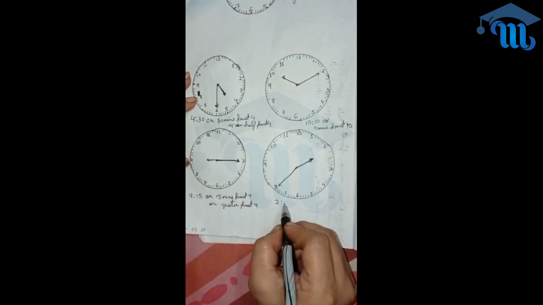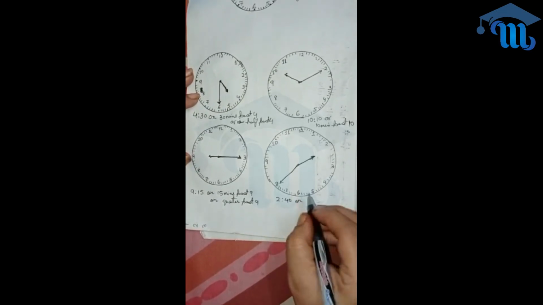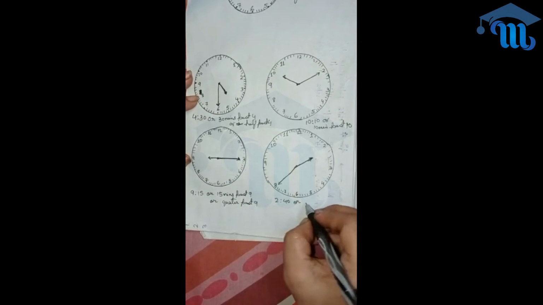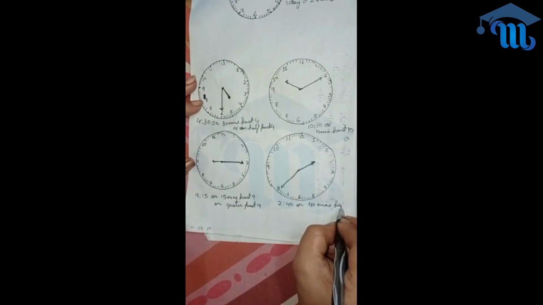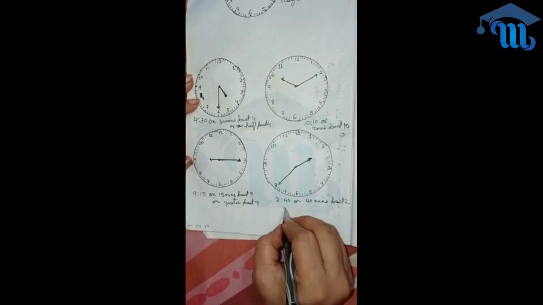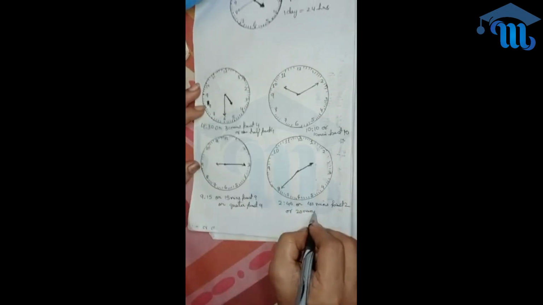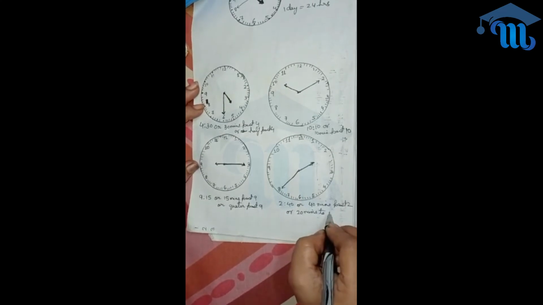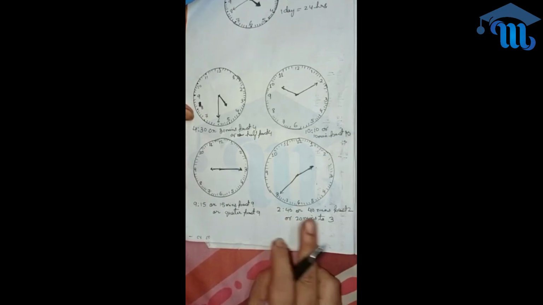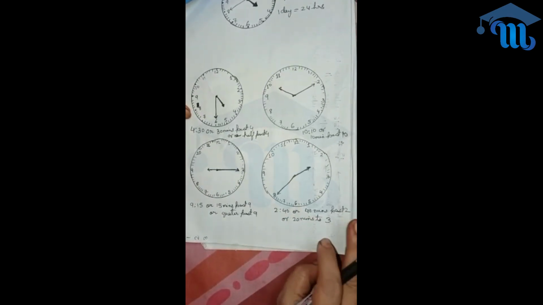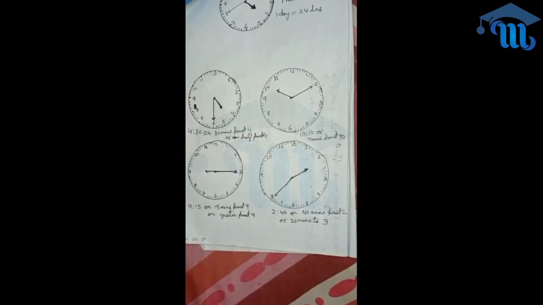So we can write the time as 2:40, or 40 minutes past 2, or we can also write it as 20 minutes to 3. Both ways are correct. I hope you have understood this.